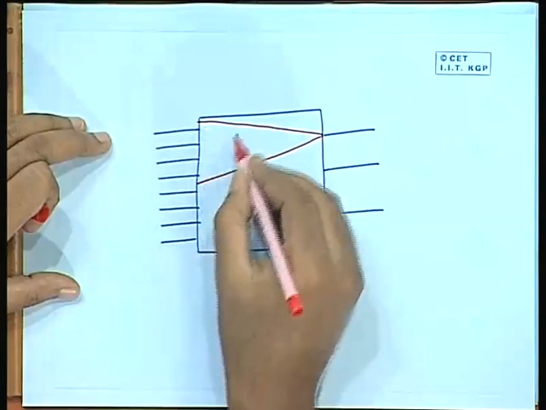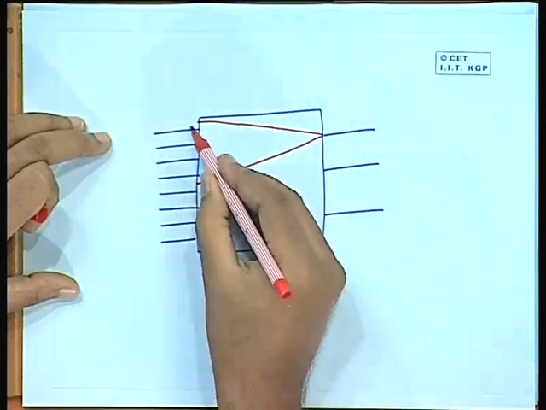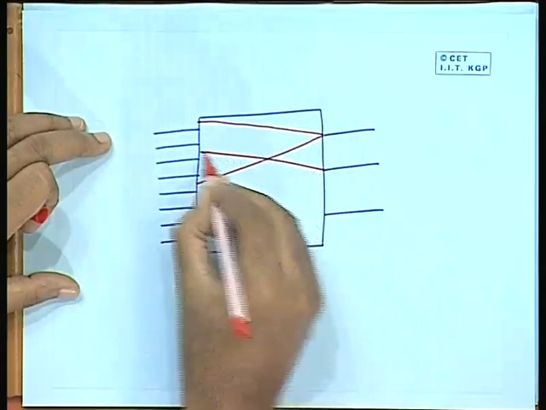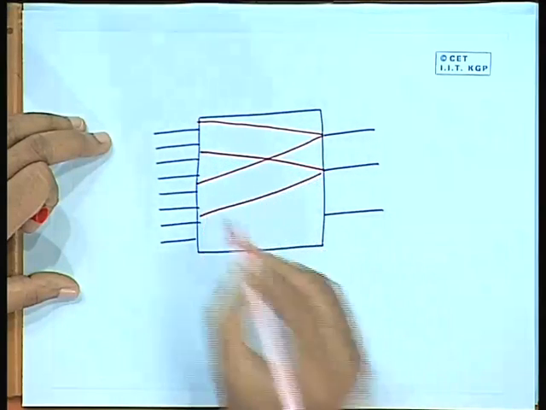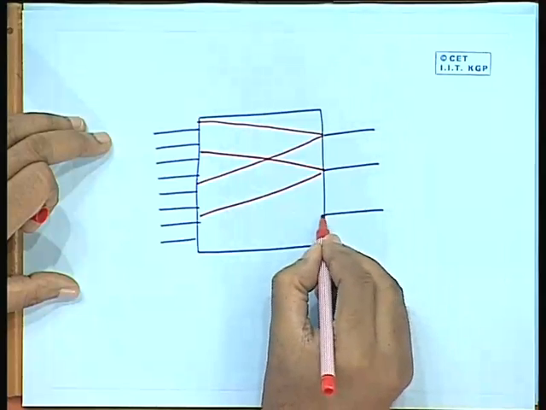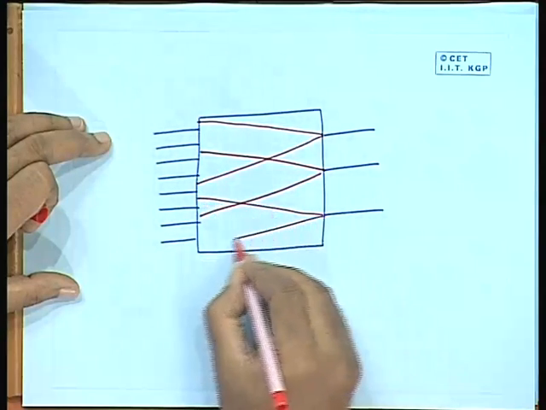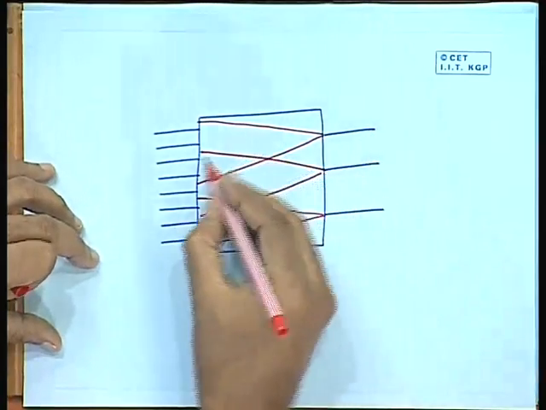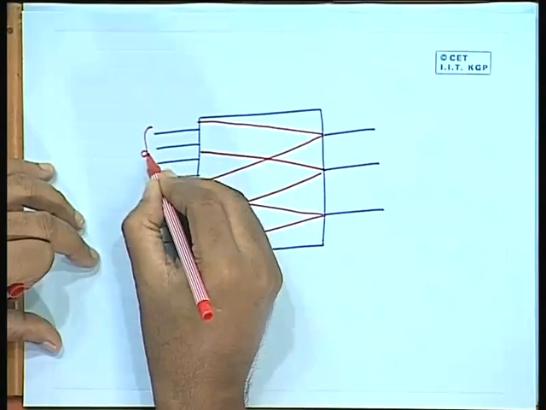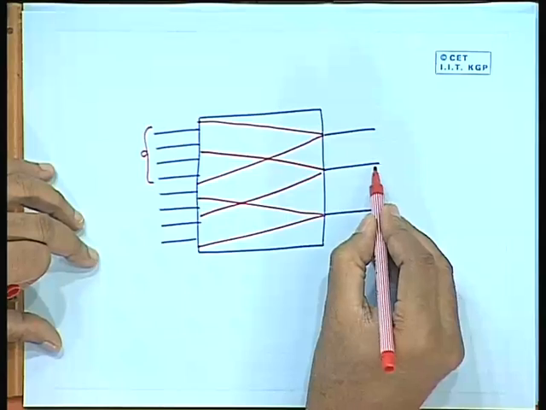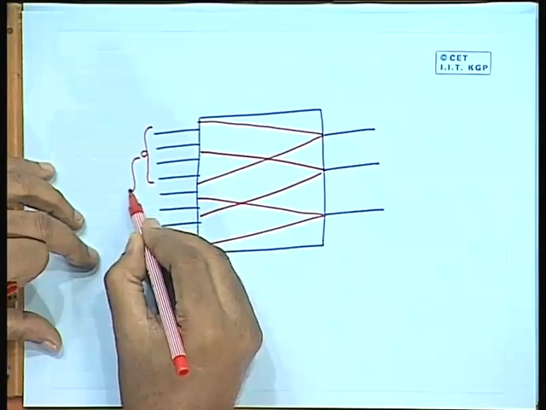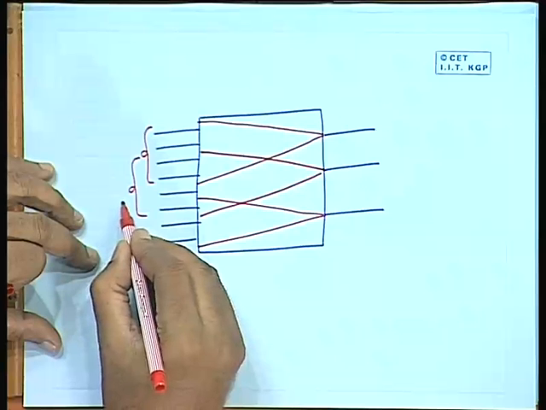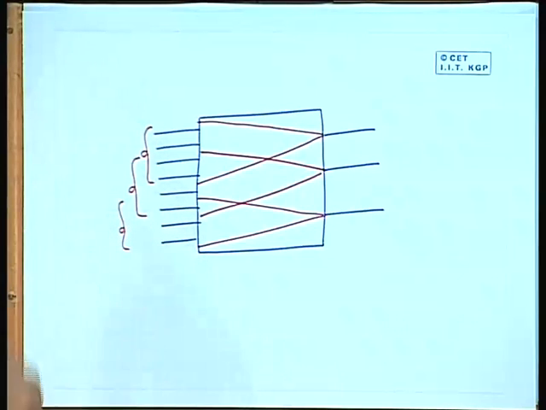This is the so called cone of influence, the first 4. The second output, say for example, is dependent on these, and the last output is dependent on the last 3. So, the first output is dependent on these inputs, the second output is dependent on these inputs, and the third output is dependent on these inputs.